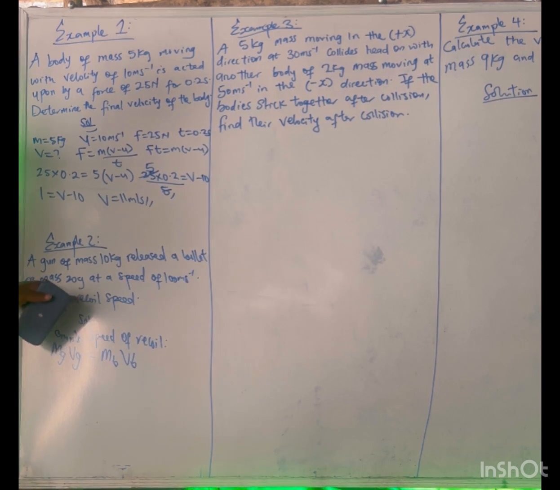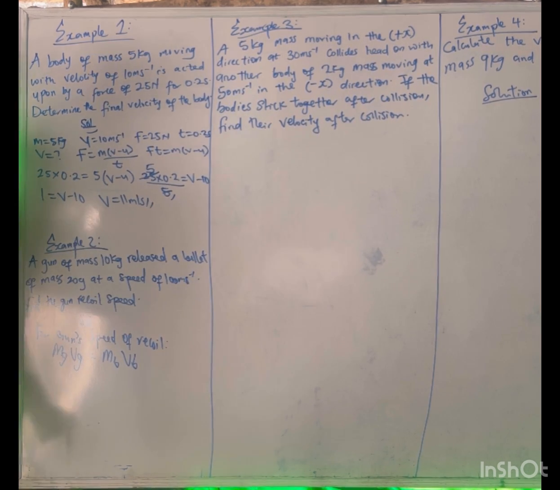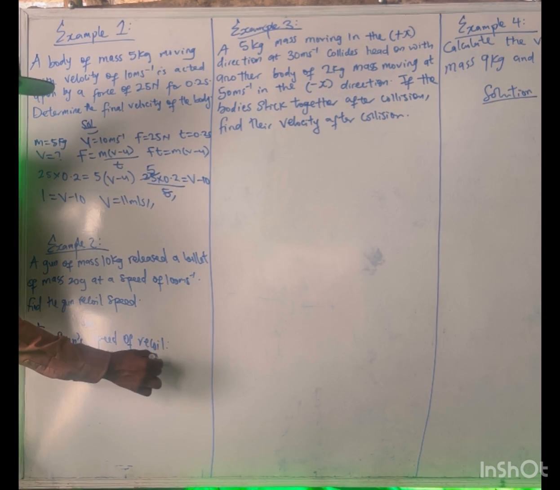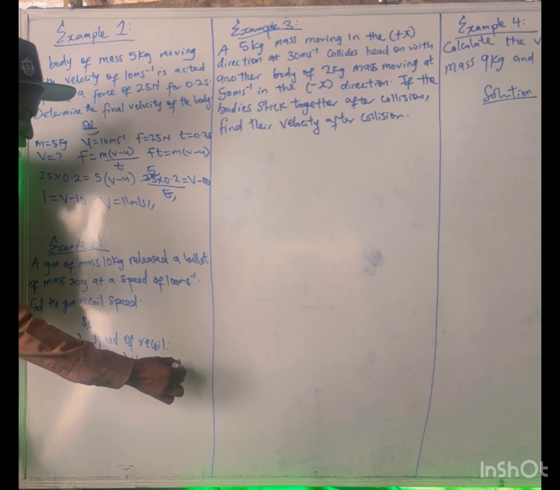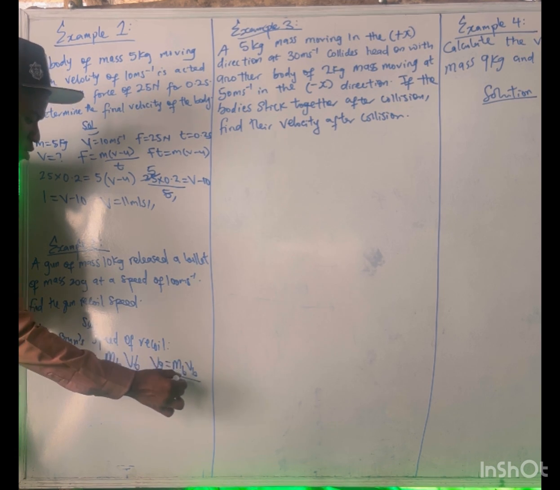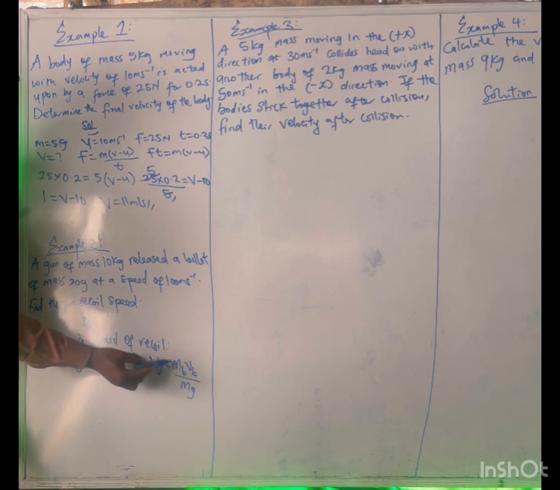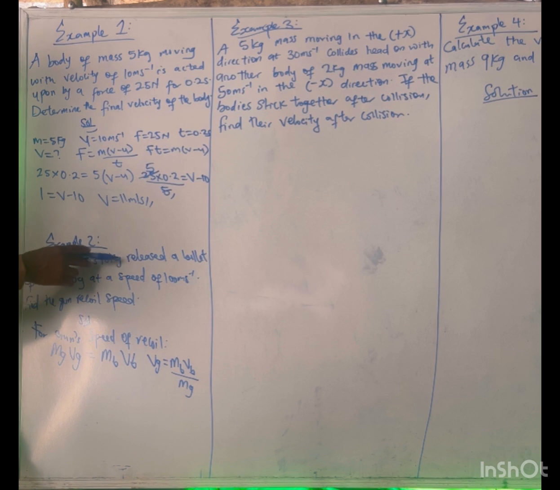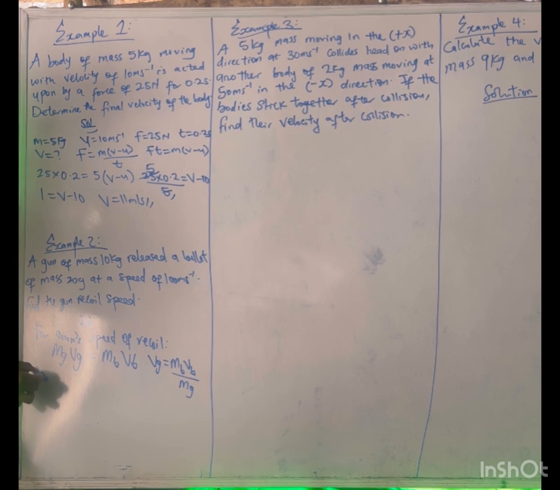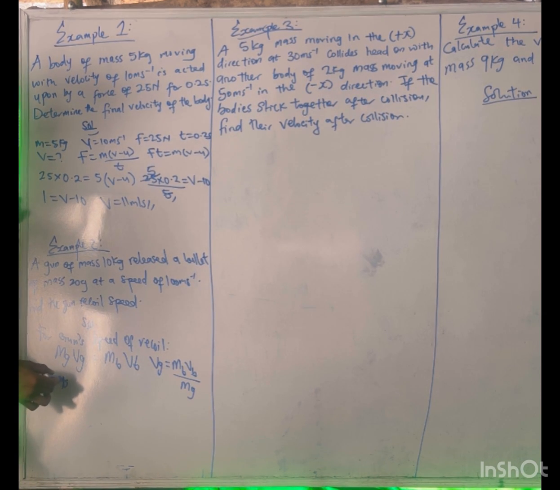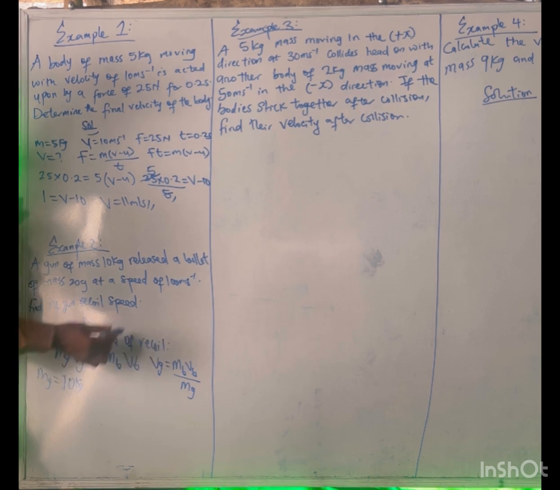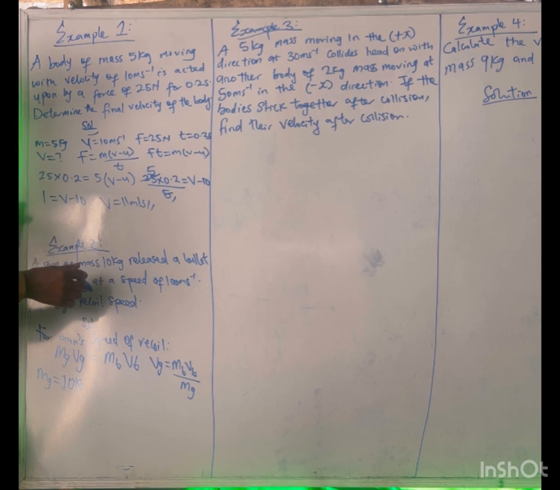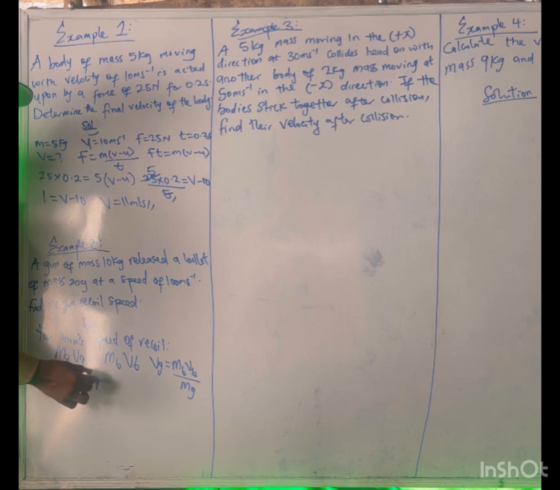Since I'm looking for the gun recoil speed, the speed of the gun, Vg, my Vg is going to be mb Vb over mg. My mb is the mass of the bullet. They say a gun of mass, so my mg is 10 kg, released a bullet of mass 20 gram.